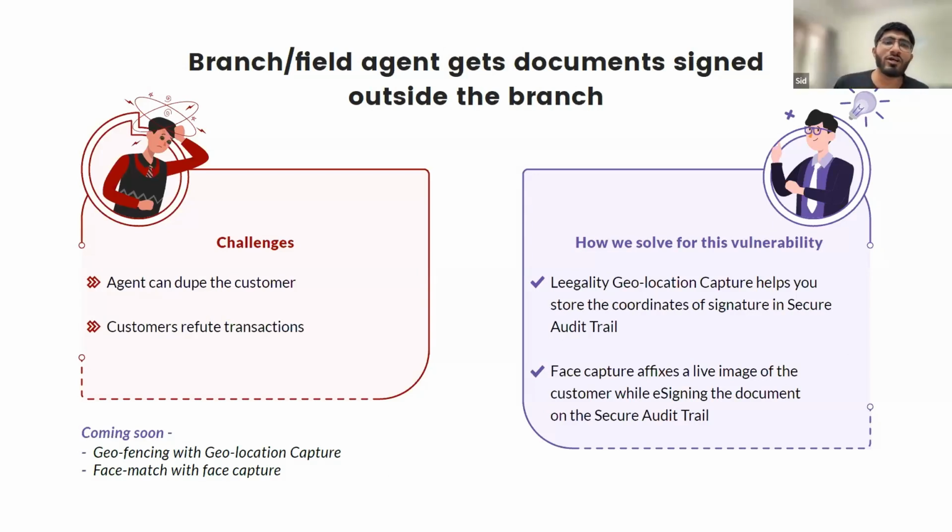Sure. So it's not always a problem if the signature does not happen in a branch, right? There are many companies which do carry out signatures remotely, and we have a lot of protections against that as well. But in those cases where your internal policies require you to sign within a branch, it's really important that you are following those processes. And the reason for that is that in a branch, you have a number of steps that you would take to ensure that things are kosher, right?